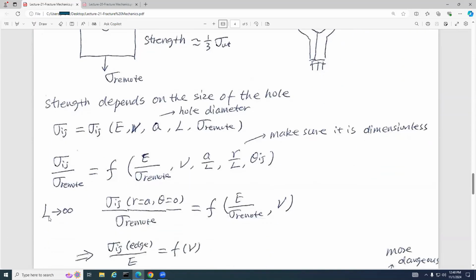However, if L is very, very huge, if L goes to infinity, we just want to know sigma ij when R equals A and theta equals 0. This is X, this is Y, and A is the radius of the hole.